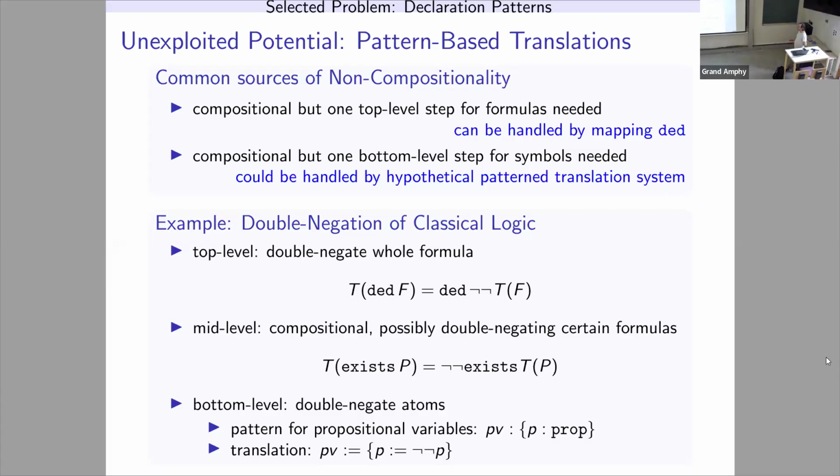But then what we usually also need is we have to double negate all the atoms. And that's something that logical frameworks sometimes gloss over. When we formalize a logic in a logical framework, we're usually formalizing the variant where there are no atoms at all. Like the formalization of propositional logic, we have propositions, connectives, true and false, and that's it.